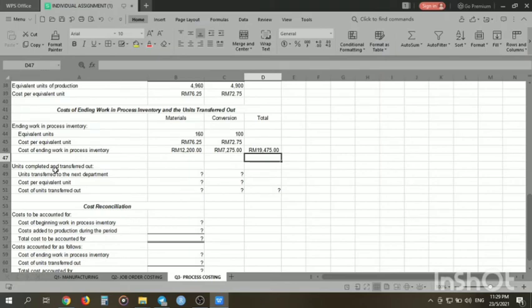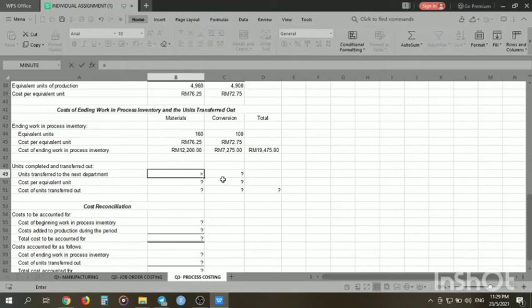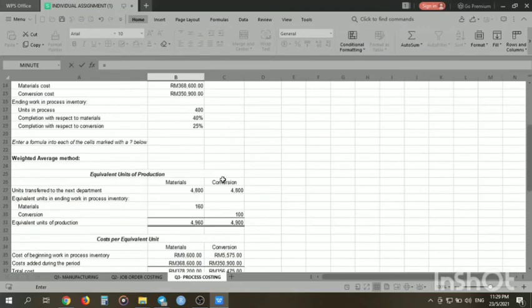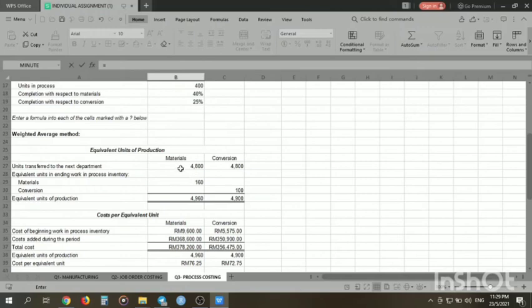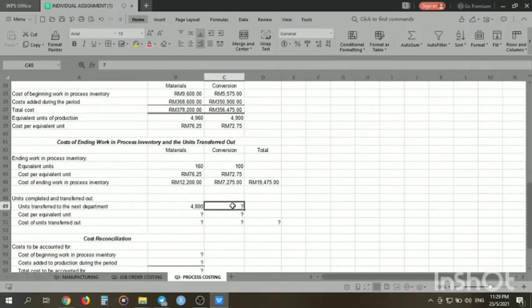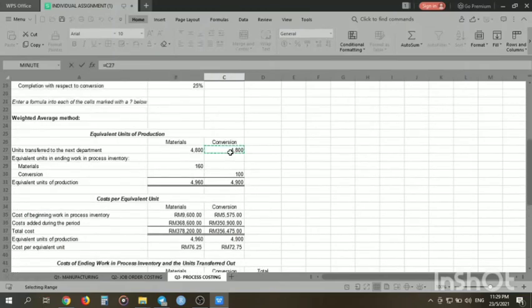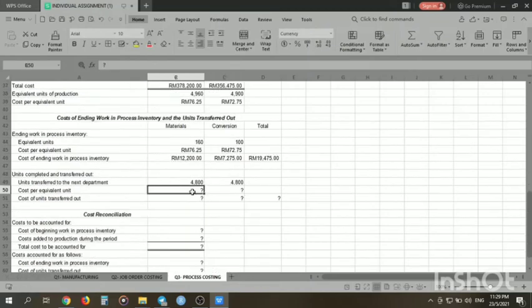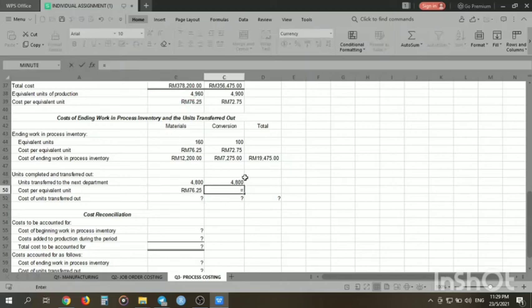For units completed and transferred out to the next department, units transferred to the next department, we took the amount here, same goes with this. For cost per equivalent unit, we only took the amount.